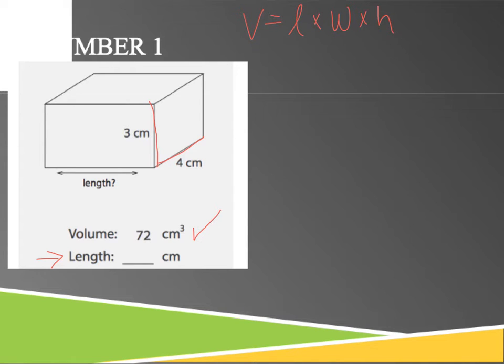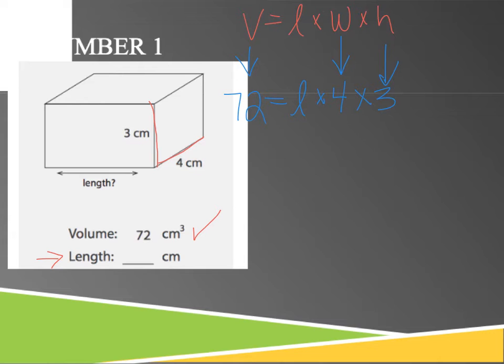So looking at my formula here, I know I have the volume. My volume is 72 centimeters cubed. I do not have the length, so I'm going to leave that one in L. But I do have the width. My width is 4 centimeters, and my height is 3 centimeters.